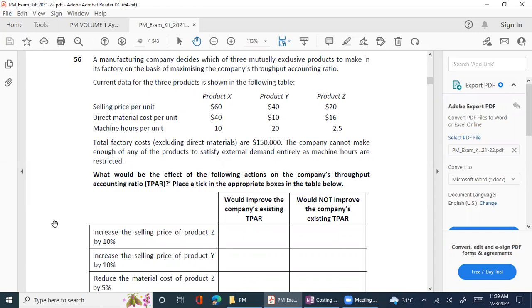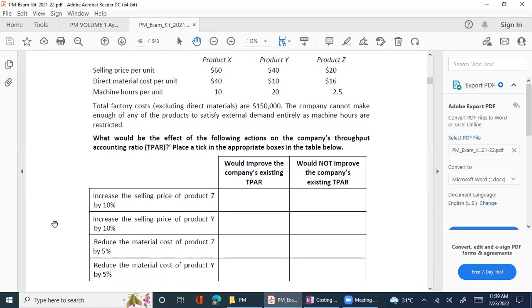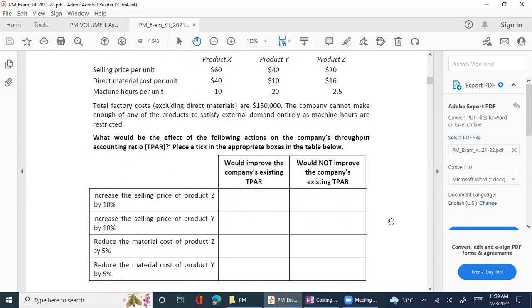If you increase the sale price of Z by 10%, will it be able to improve throughput accounting ratio? What do you think? If we increase the sale price by 10%, what is your opinion?